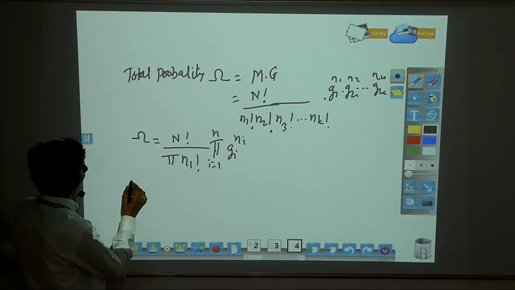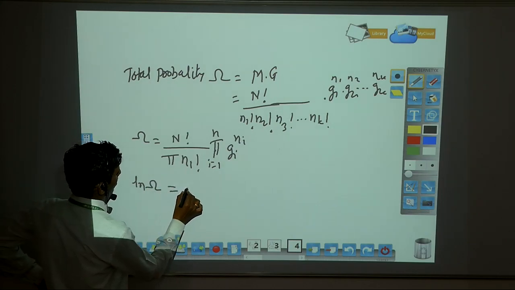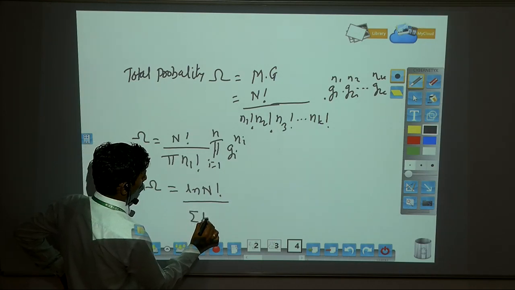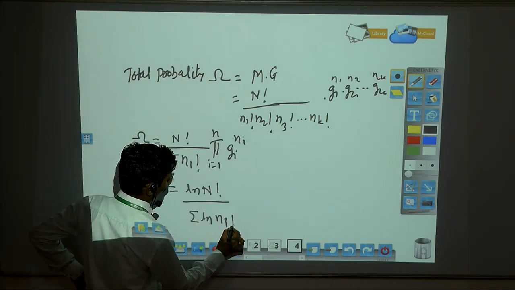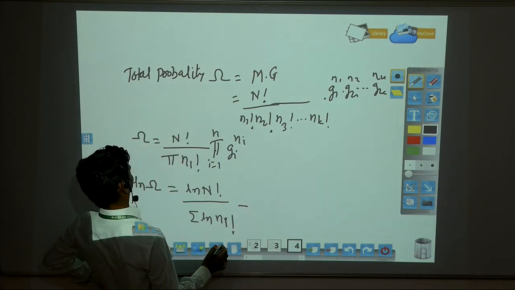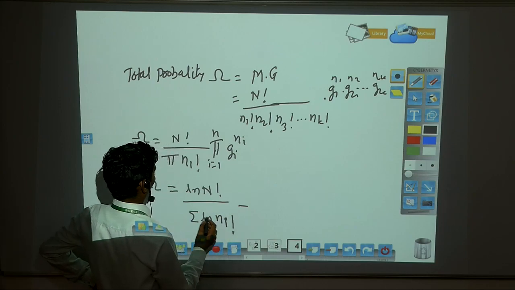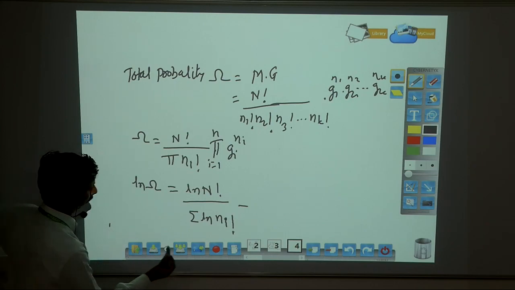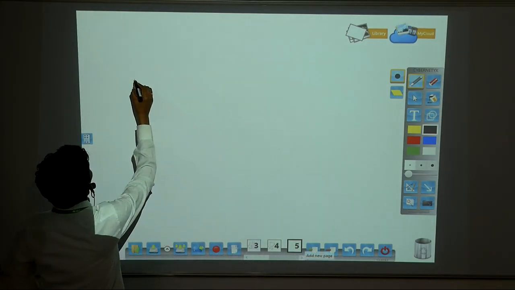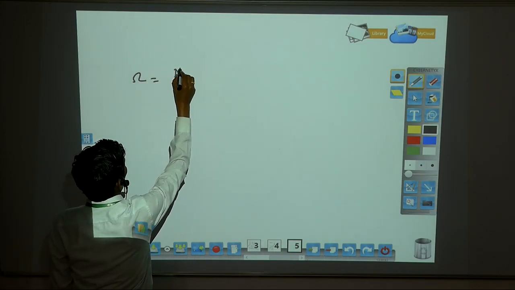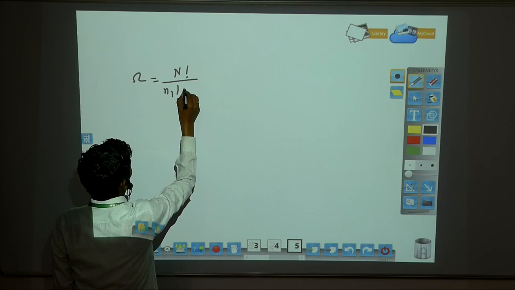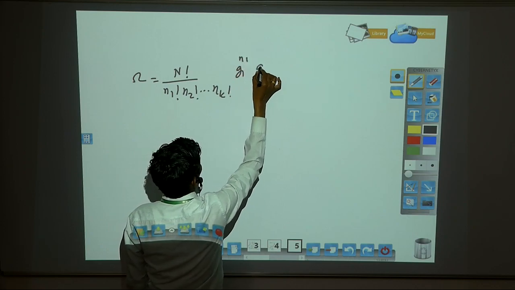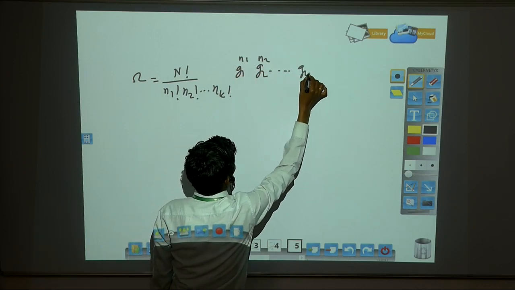Now we are taking the ln of omega. Omega is equal to n factorial divided by n1 factorial, n2 factorial, nk factorial, into g1 raised to n1, g2 raised to n2, gk raised to nk.